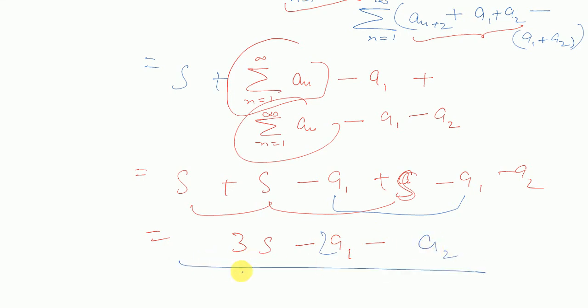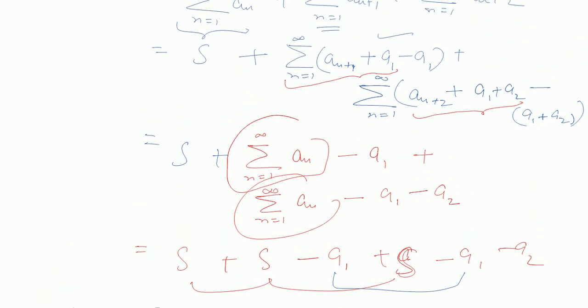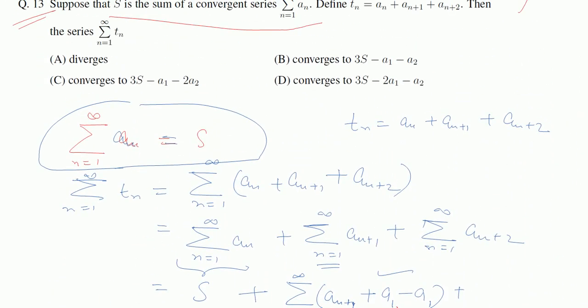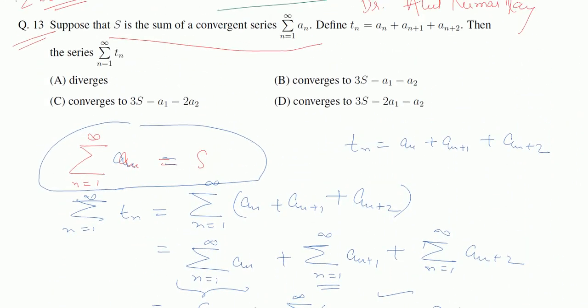So this is the final answer, and this summation T will converge to 3S minus 2a1 minus a2. Let's check out, this is option D. Option D is correct.